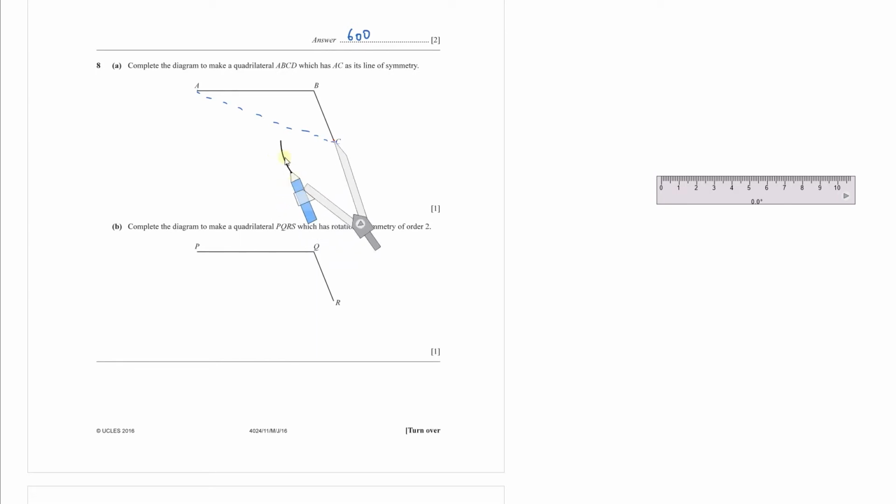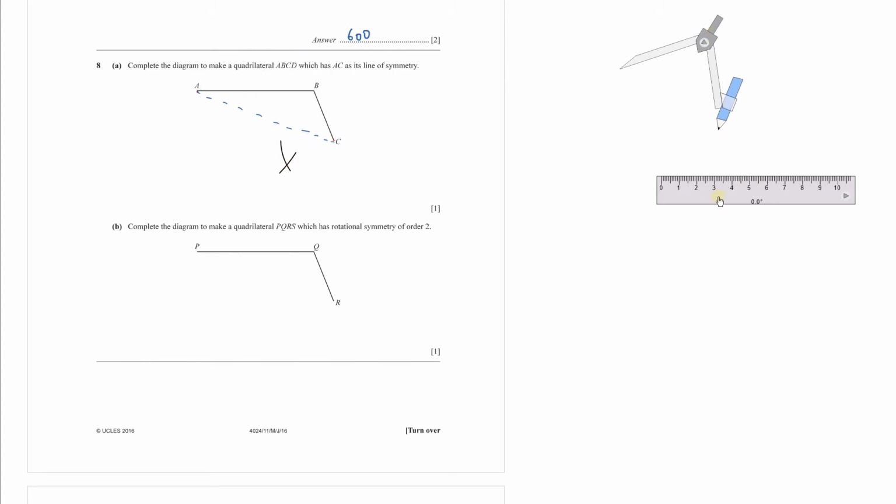So any point on this arc would be the same length away from C as point B is from C. And then to find the point D relative to A, we know that length AB would be the same as length AD. So I can open my compass till B here and then draw an arc here. So this point basically gives you the point D.